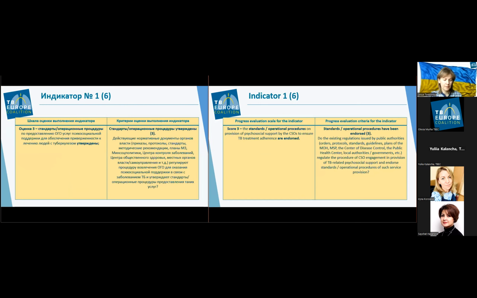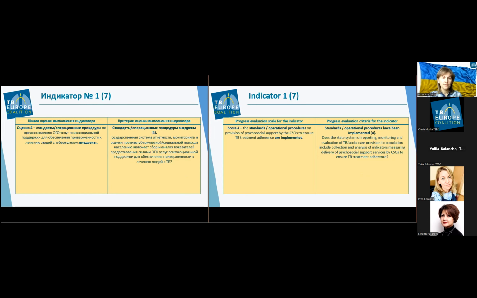Now, speaking about the criteria of this evaluation, it's obvious that we understand that existing regulations issued by public authorities that regulate the procedure of CSO engagement for provision of TB-related social support, and these procedures, standards, operational procedures are endorsed. Next slide.